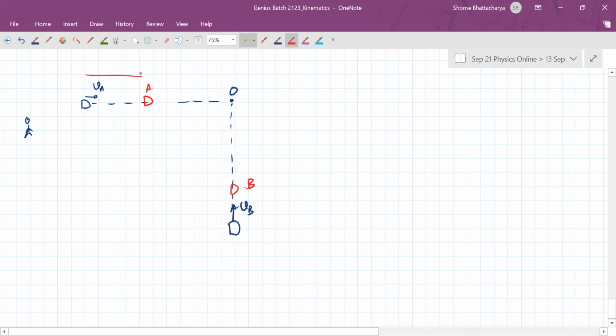So A has traveled by a distance of 16t, like this. B has during that same time traveled by a distance of 12t, like this at time t.